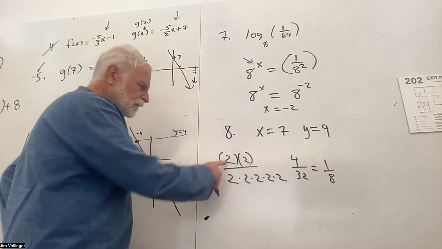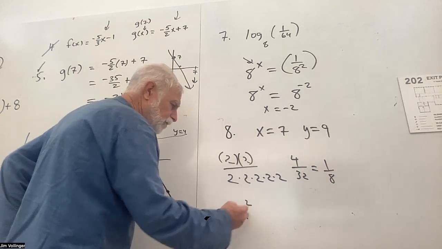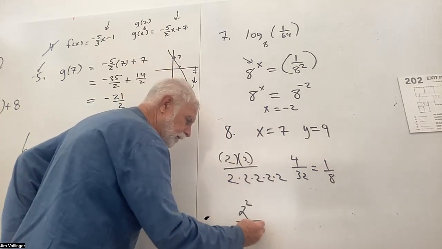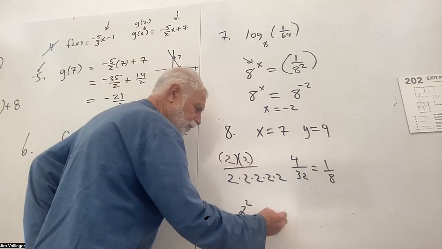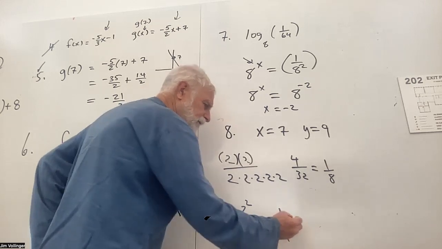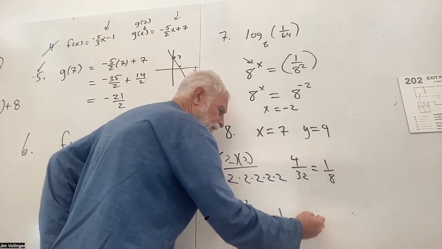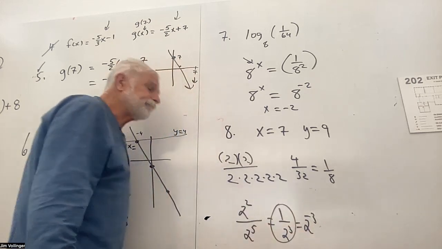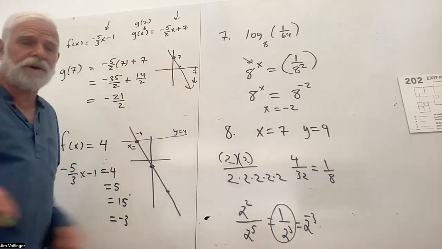It looks like I have 2 to the 2 in the numerator and 2 to the 5 in the denominator. And that's 2 to the 3 in the denominator, which is 1/8, and that's the same thing as 2 to the negative 3. And minus 3 means this. I don't know what else to say about that.